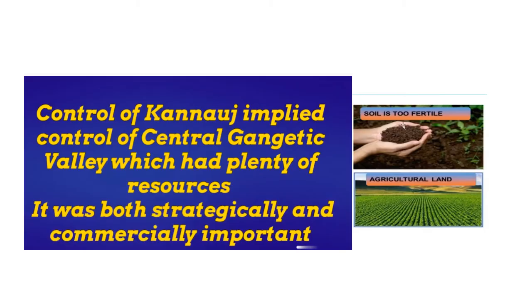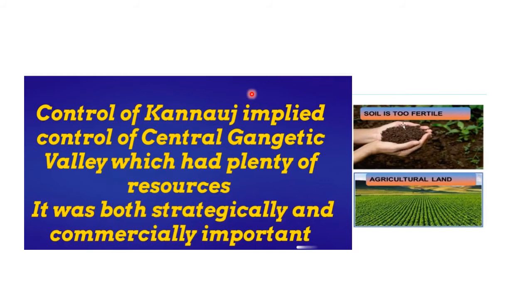Now let us look into why Kannauj was so important for all the three dynasties. It was very strategically located in the northern part of our country, on the Ganga river. Whoever controlled Kannauj would control the entire Gangetic Valley, and that would mean the entire trade was under his control.